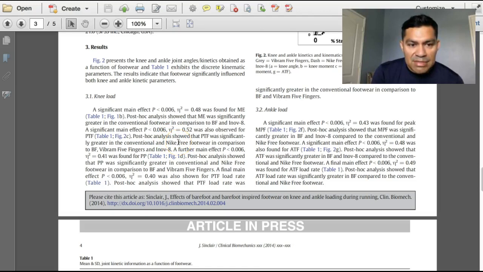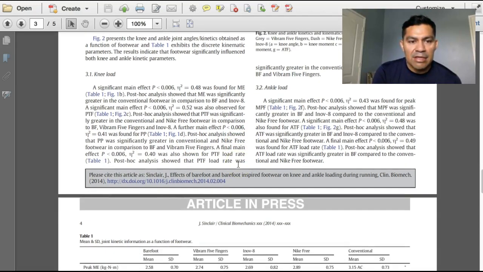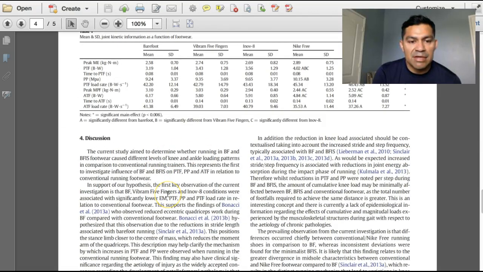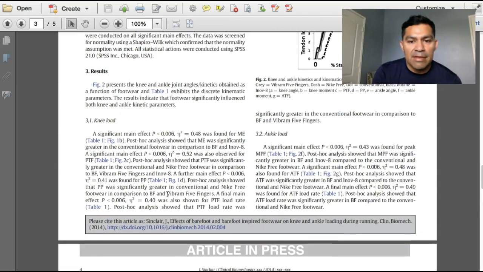But for our purposes, I want you to maybe go through that, but then there should be a few sentences where it just describes it in more normal English. And then you may also find some more information under the discussion section about each of these points. But the two main things that they're looking for is knee load and then ankle load.